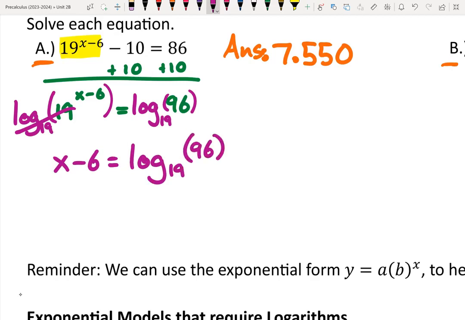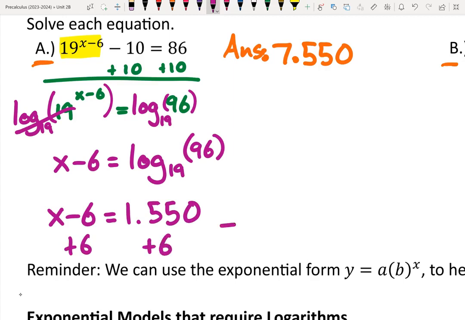And what is log base 19 of 96? What's our decimal, guys? 1.550. And then what do we do? Just add 6. So answer is 7.550.